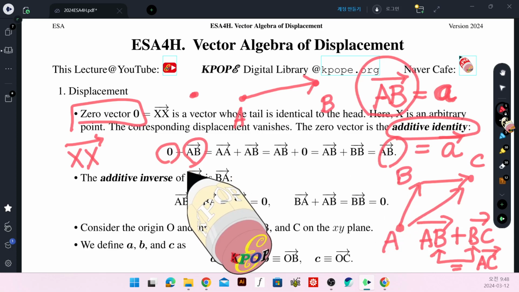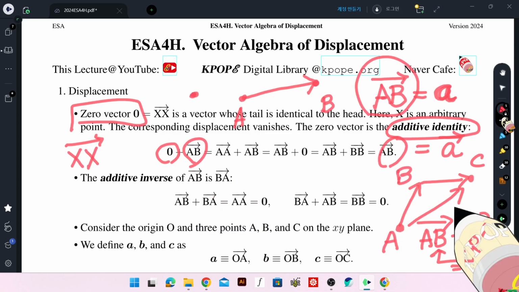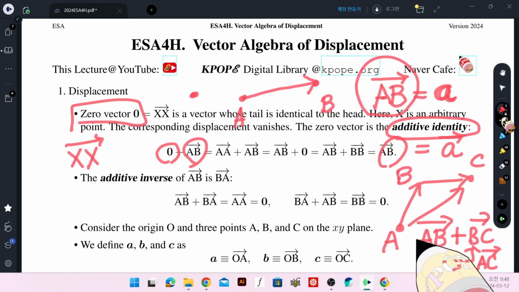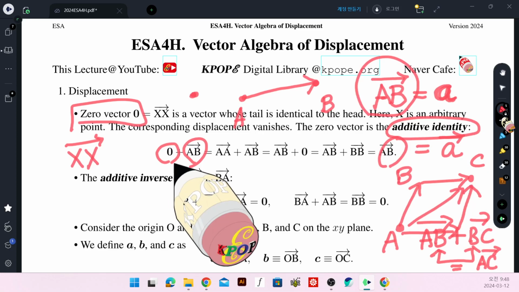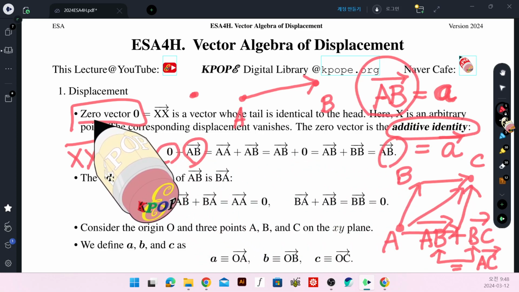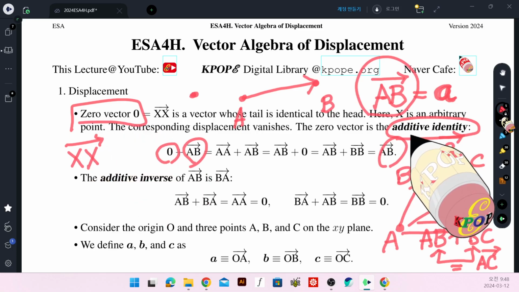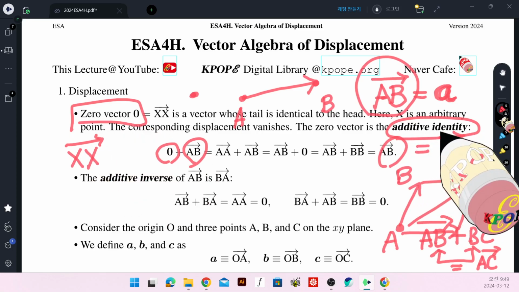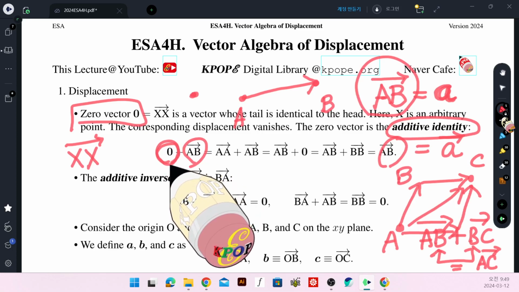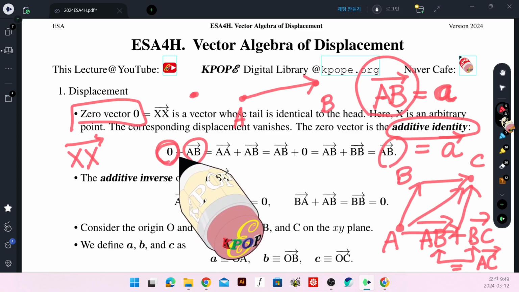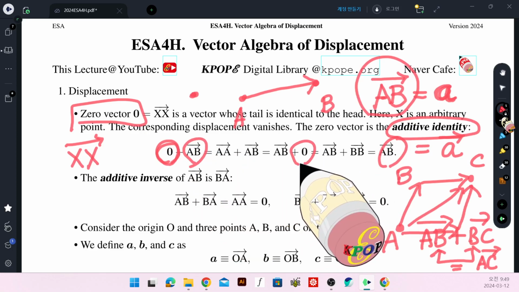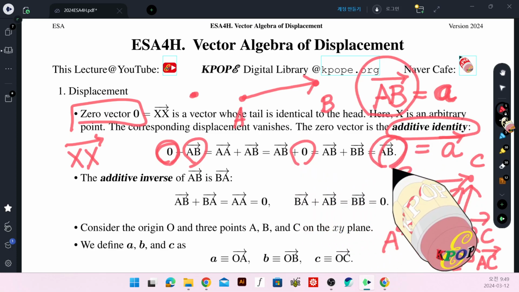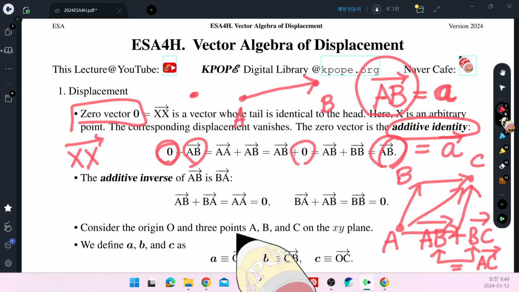And because of the commutative rule satisfied by the addition of two vectors, we can say that the zero vector is an additive identity. That means if I add the zero vector on the left of a displacement vector or on the right of a displacement vector, the resultant vector is identical to the other vector that it is added to.